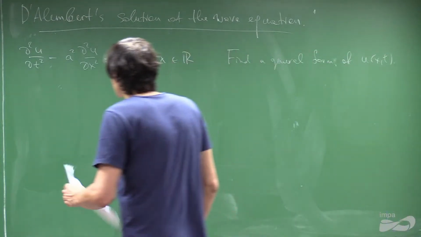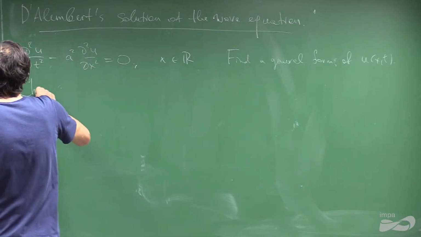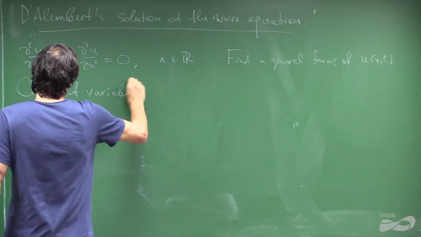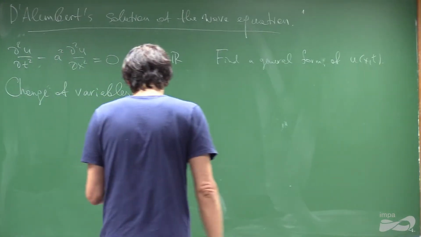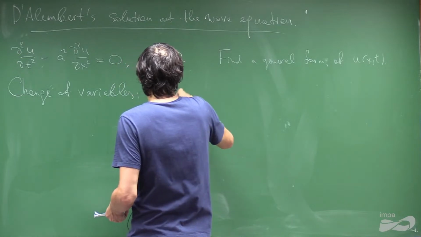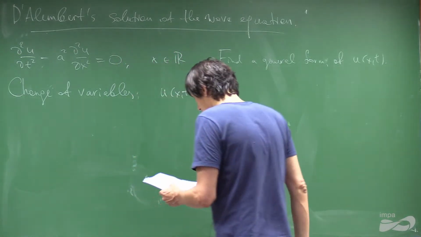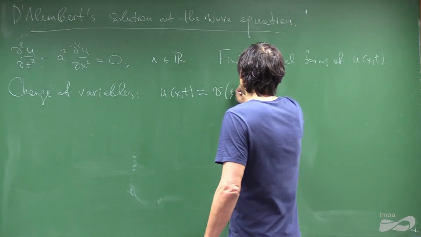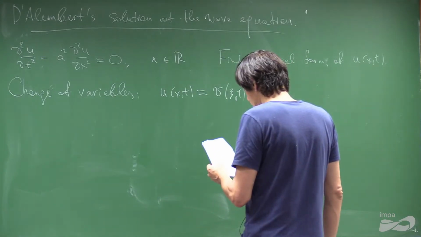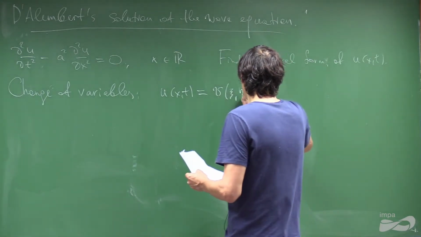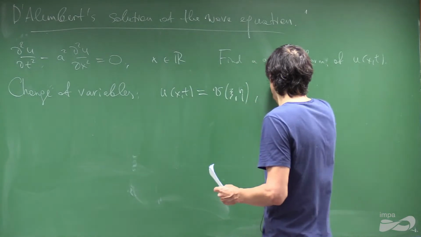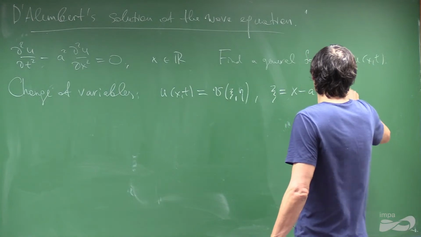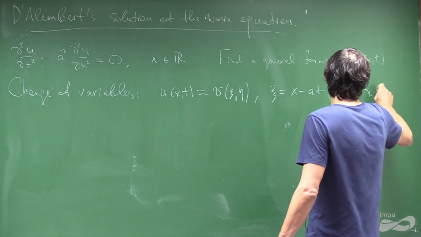In order to do that, we should make a change of variables. Instead of u of x, t, we take another function, v of xi and eta. We will use xi to be x minus at and eta to be x plus at.